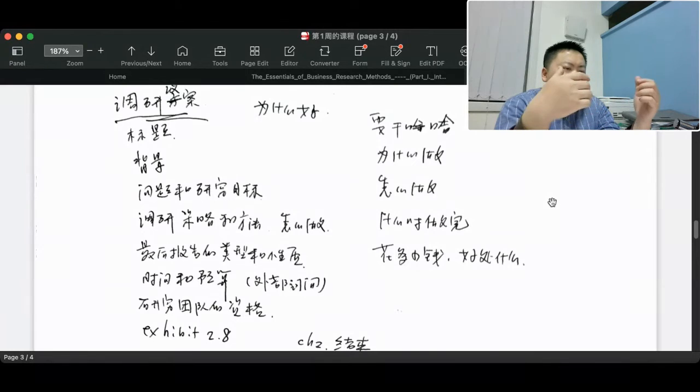The title is what you are going to do, the background is why we are doing it, and the question and research objectives is how we are going to do it.